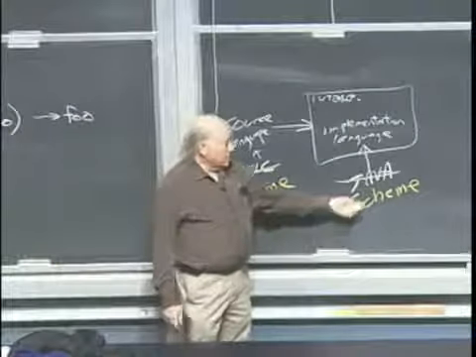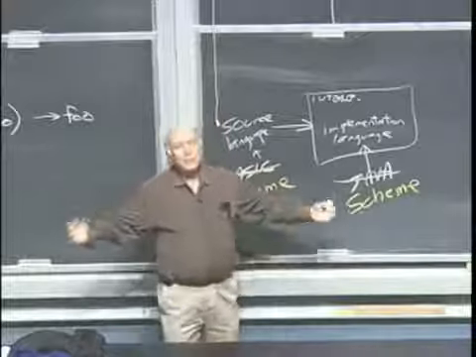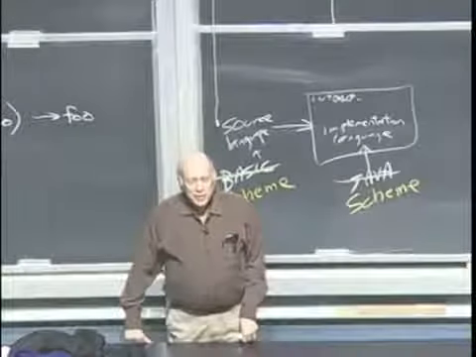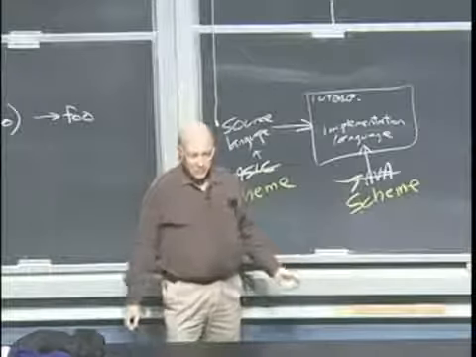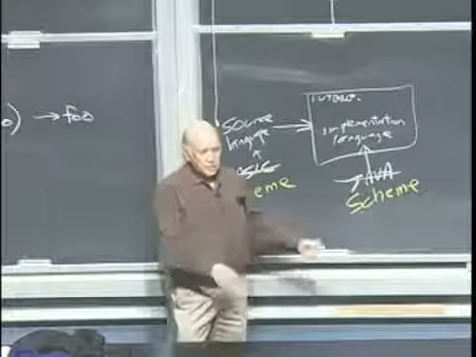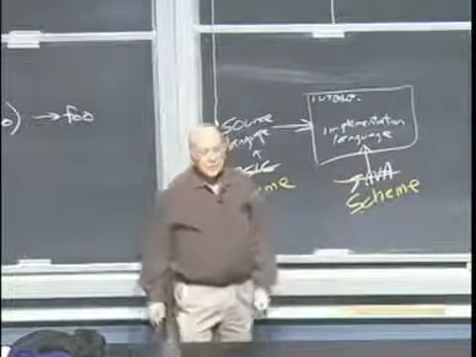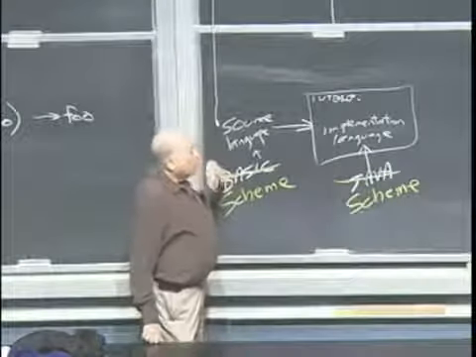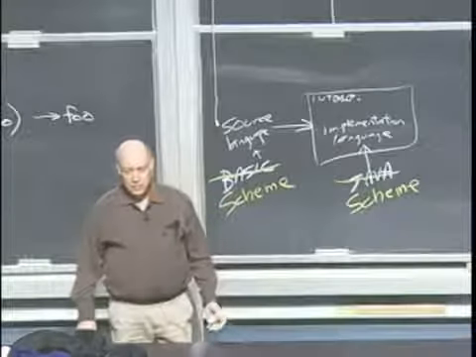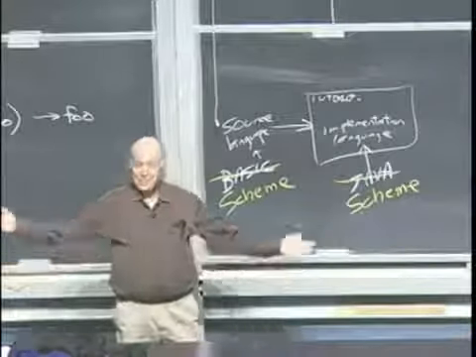Also, not only is Scheme a powerful language in general, but it's particularly good because it's a flavor of Lisp, which remember stands for list processing. It's particularly good at lists. And what is a Scheme program? It's a list.